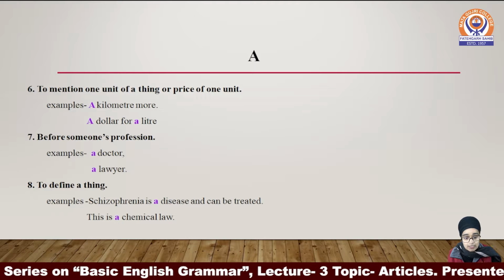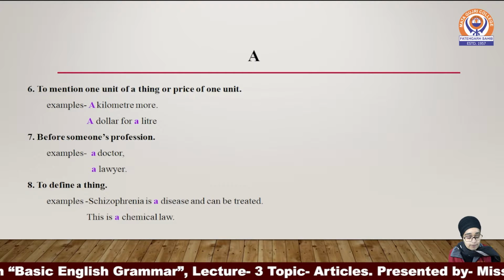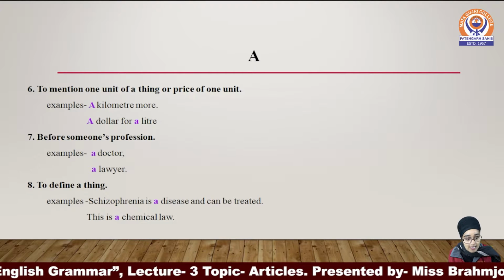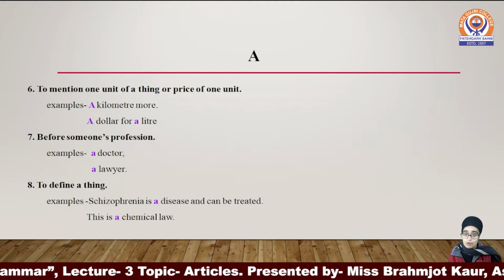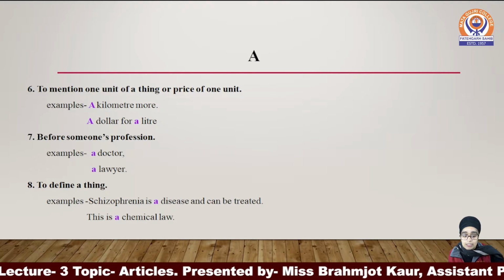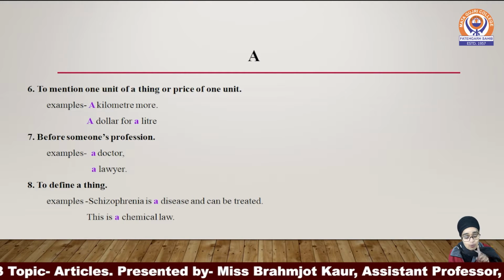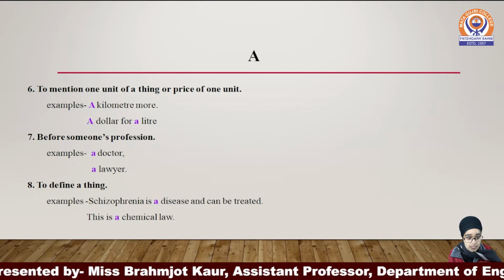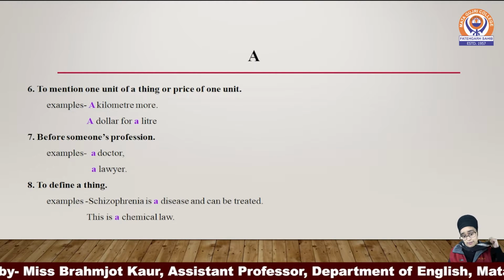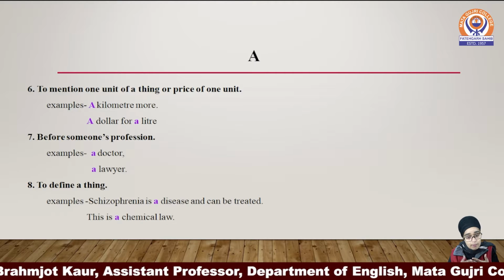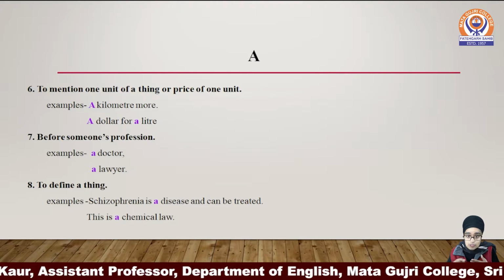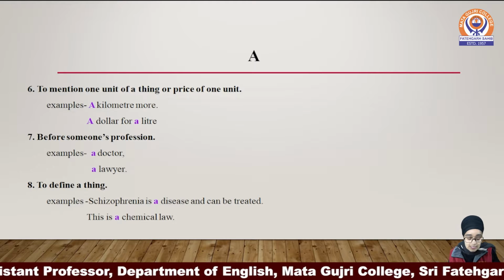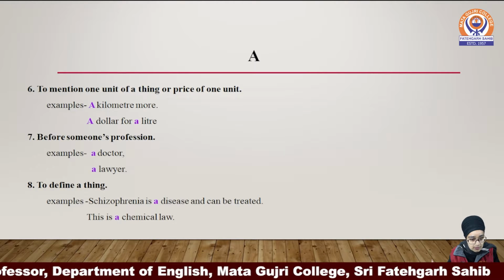So with a singular noun, you will use the article a. Example: a kilometer more. So I need to drive a kilometer more. So one thing, one unit, a meter, a decibel, so to say. $1 for a liter. Maybe when I am talking about the price of 1 kg, so then again I will use the article a, or 1 unit.